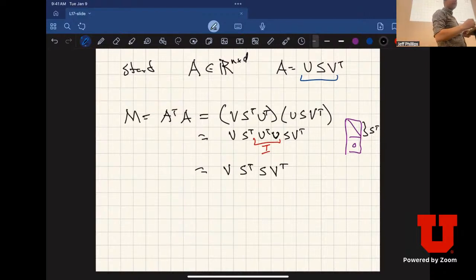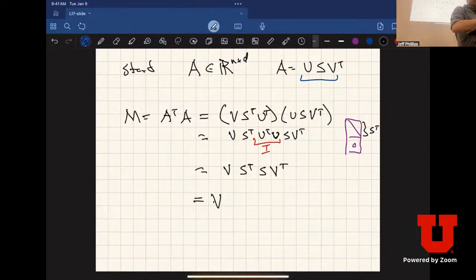So now I just have these two diagonal matrices, S transpose and S, and a transpose of a diagonal matrix is back to itself again, right? Because I transpose it, but the stuff on the diagonal stays the same. When I multiply two diagonal matrices, I'm just multiplying the terms in the middle, each term by itself.